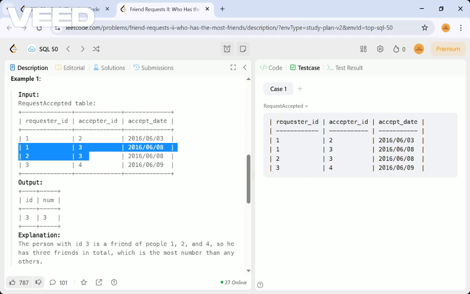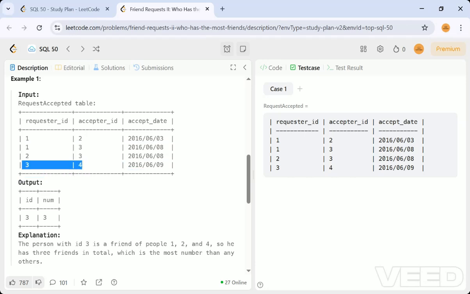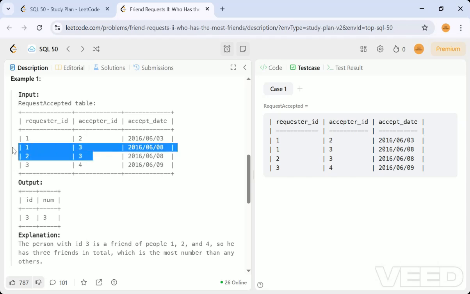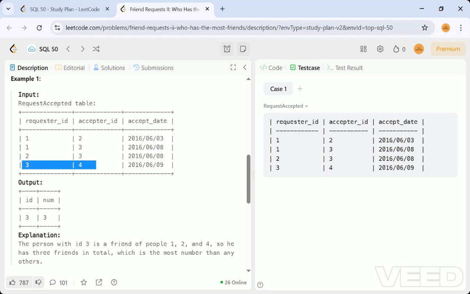So the person with ID 3 is a friend of persons 1, 2 and 4. This person also sent a request that was accepted. So acting as an acceptor, he has two friends, and acting as a requester, he has one friend.